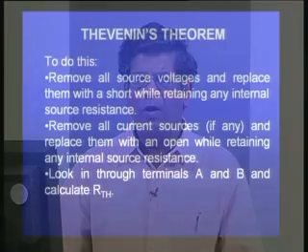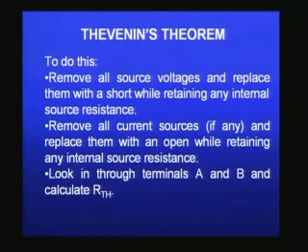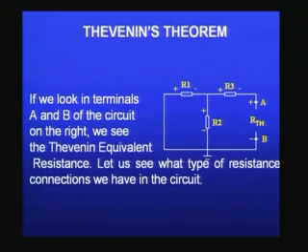Now, after removing all the sources, look in through the terminals A and B, the output terminals where the load was, and measure the resistance. That resistance is equivalent to the R Thevenin, Thevenin's equivalent resistance. You can see in the circuit, that is what I have done. I have removed the voltage source which was here previously, and I replaced it with a short.